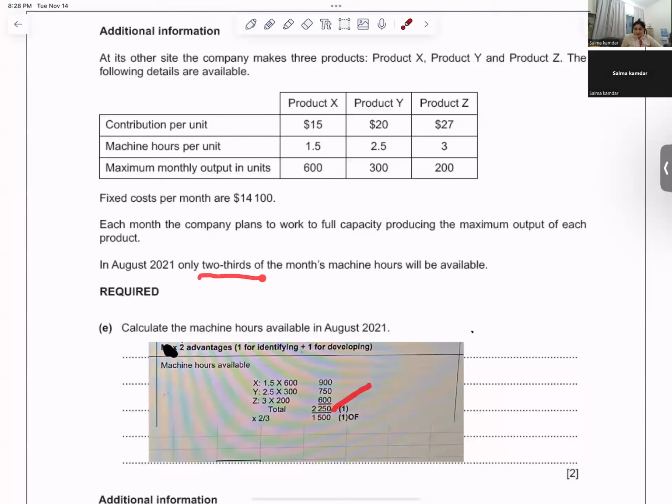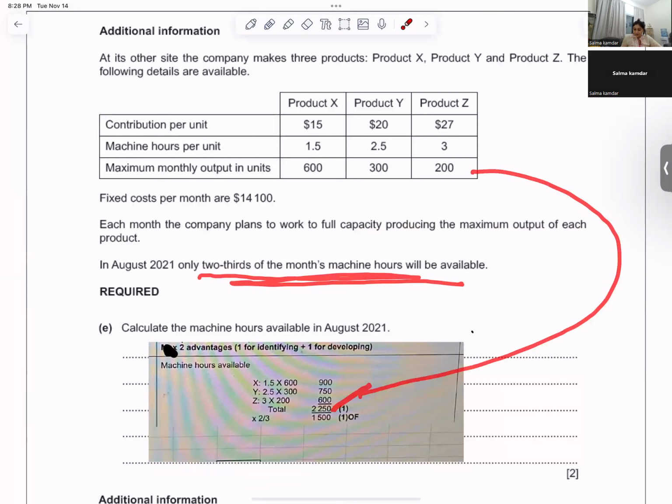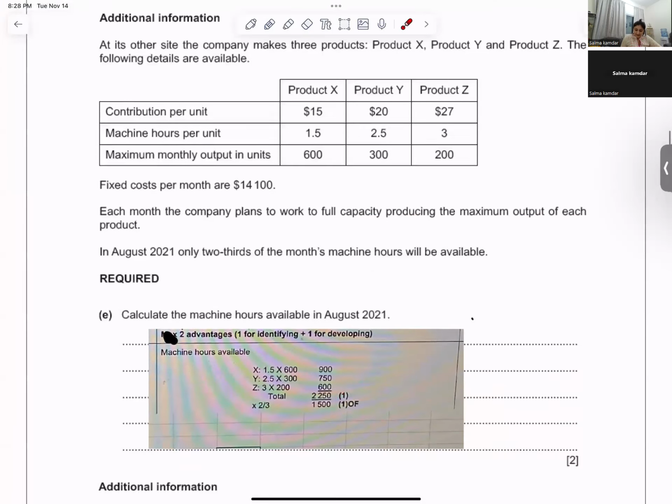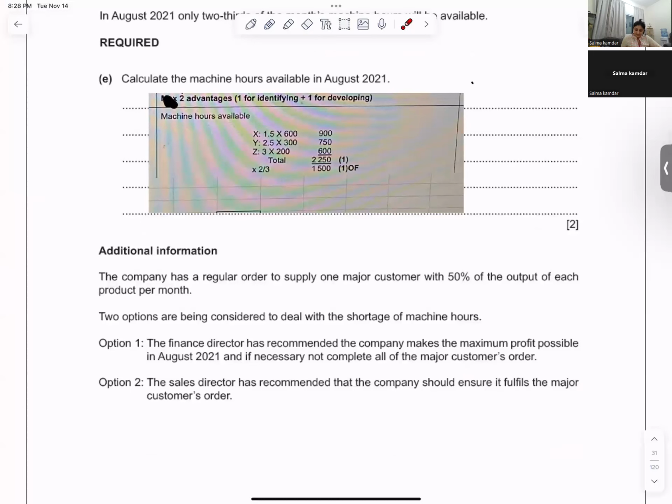But in August, I am going to have only 2/3 of the month's machine hour. That means I'm going to be having only 2/3 of 2250. So machine hours available for the month of August is 1500 hours only.